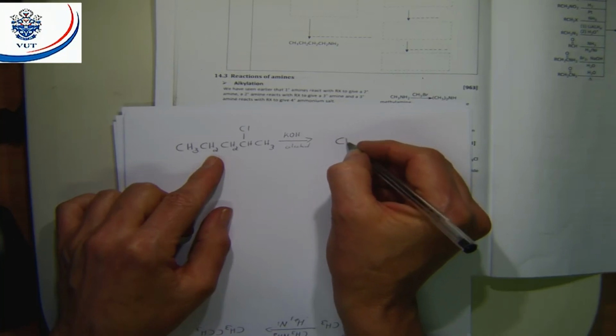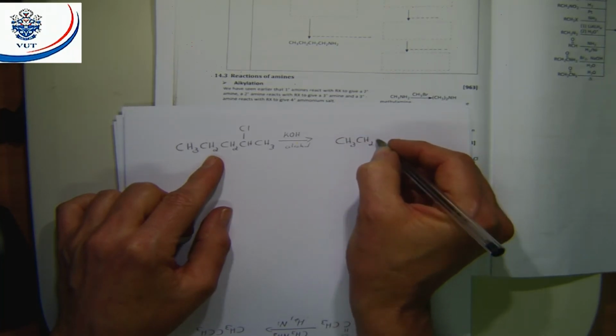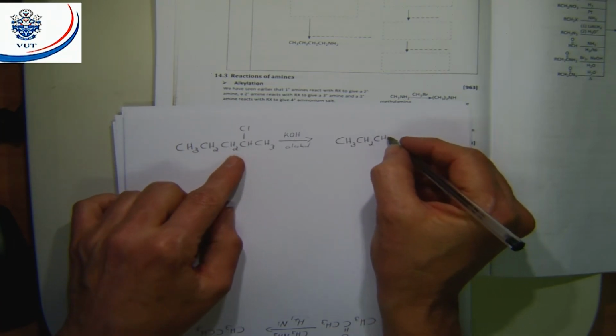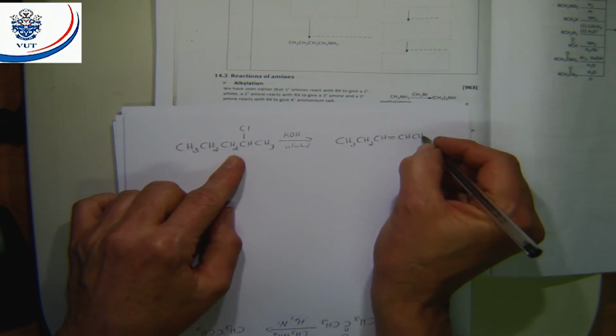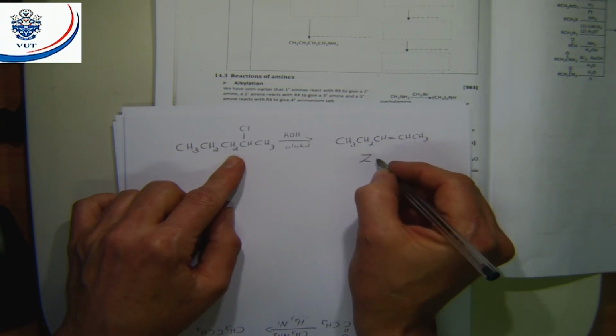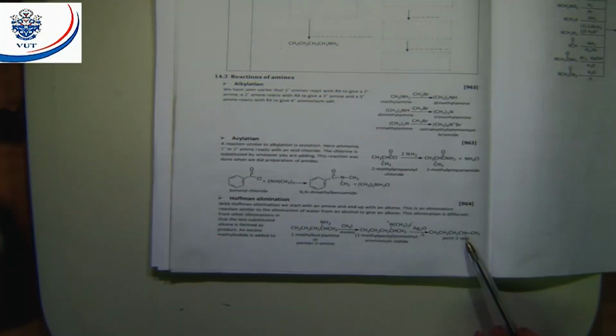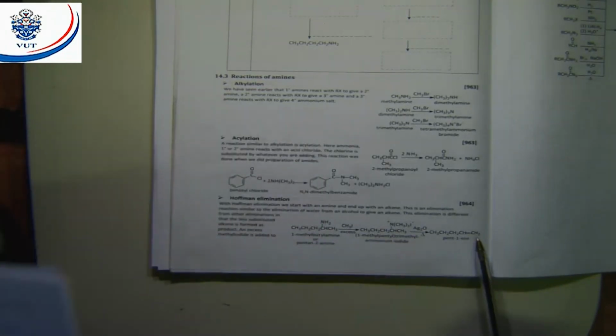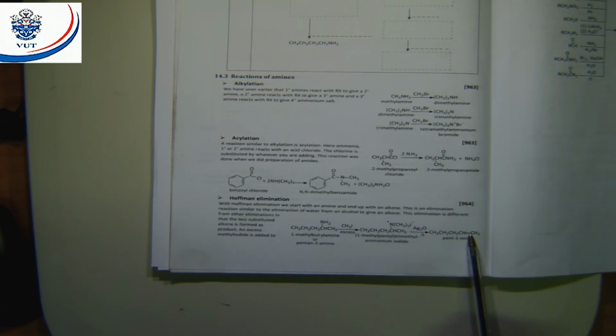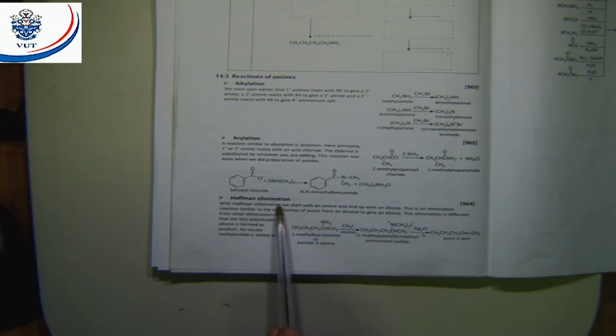Me and you would say here, our major product will be when we have the double bond in this position. And the rule we make use of is our Zaitsev rule. Now look at what happened in this case. It is not the same. You have your double bond onto the starting point there of your alkene. So what we have to say to ourselves, whenever we have Hofmann elimination, it will take place anti-Zaitsev. So your product is anti-Zaitsev and not according to the rule.